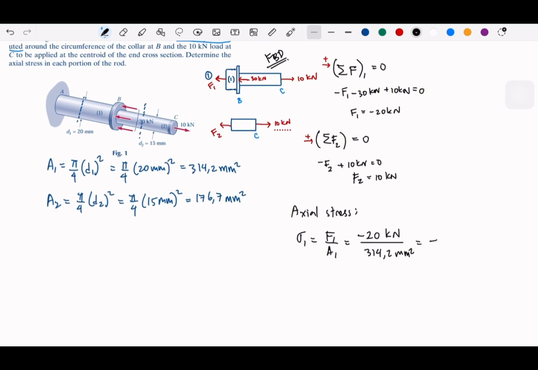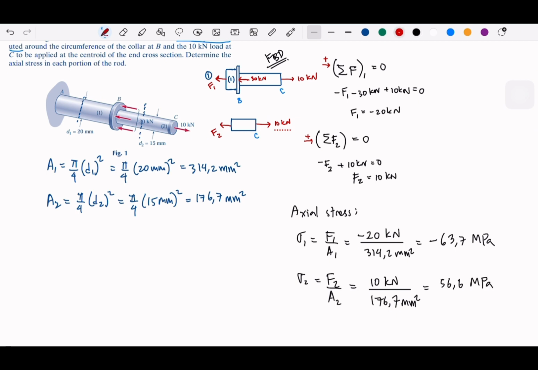This will be negative 63.7 megapascal, and F2 over A2 for sigma 2, this will be 10 kilonewton over A2, which is 56.6 MPa.